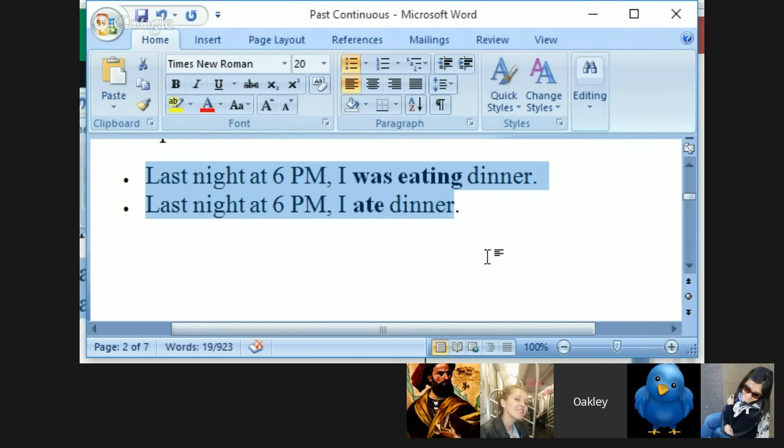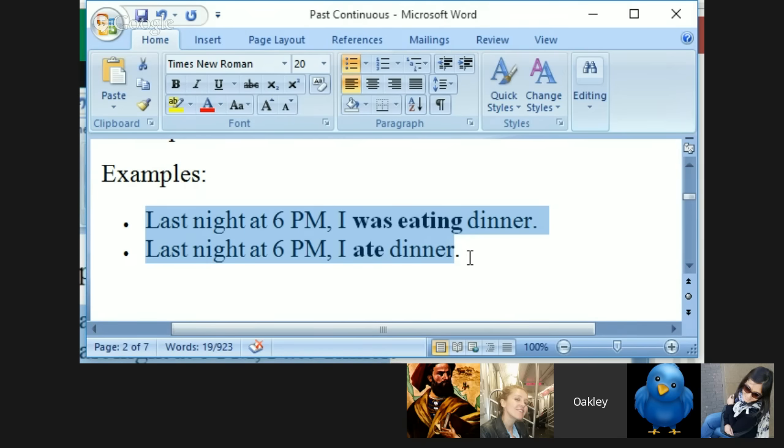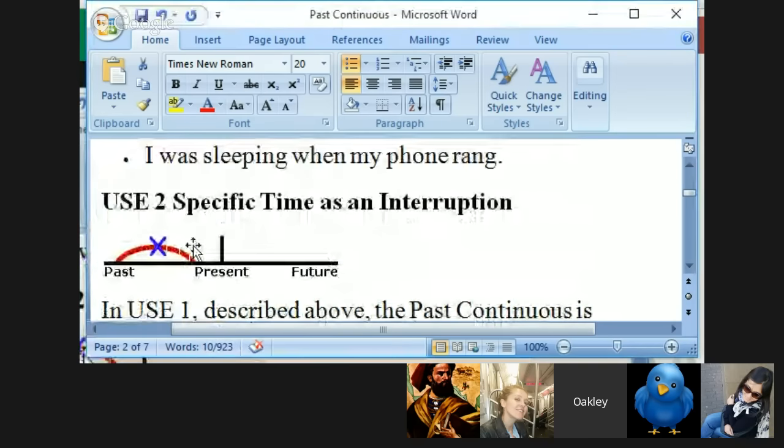Well, last night at 6 p.m. I was eating dinner. The first one is telling us what the person was doing at 6, you know? That's right. Like the diagram here.